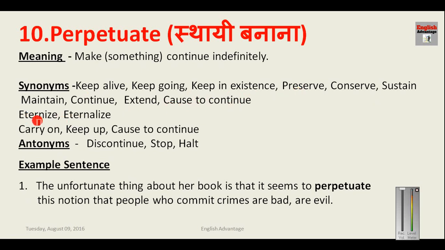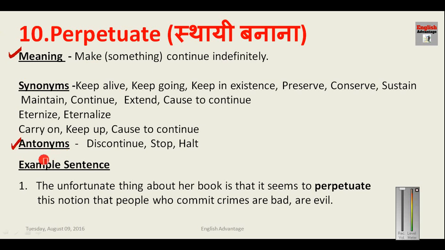Eternize and eternalize. Carry on, keep up, cause to continue. To make something stable and permanent. This is the meaning of perpetuate. Make something continue indefinitely. Okay, this is the meaning. Now these are discontinue, stop, and halt.